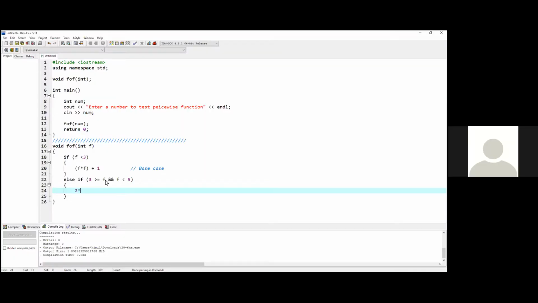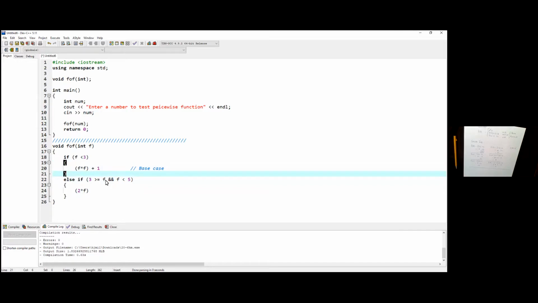Functions. Then f, and then times. I prefer to see that one. Now, remember, when you're calling a function, you're going to be calling f of a number. So in line 24, you're going to be calling f of f of 2 times f.